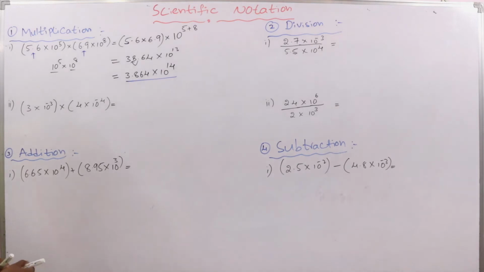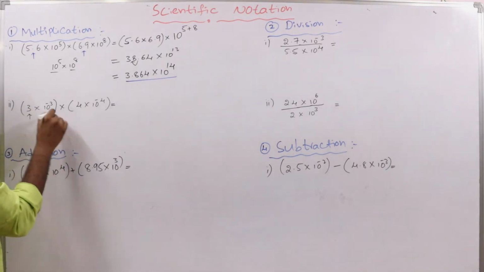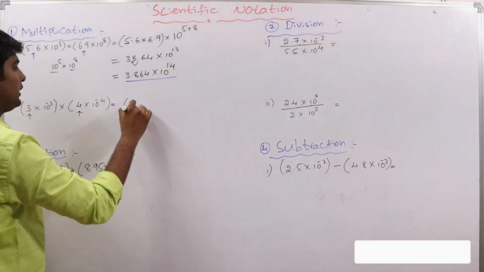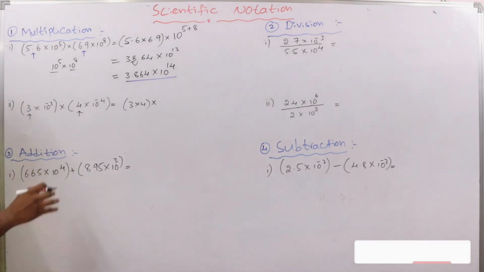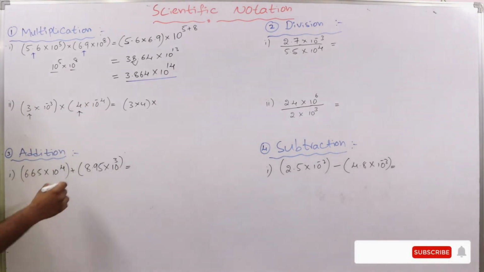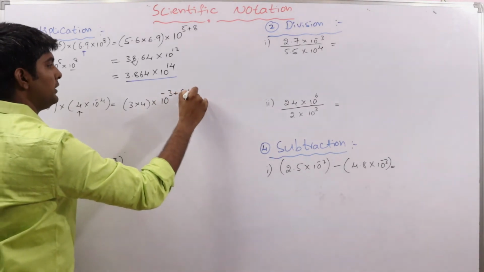Next, look at these two. Same here: first write these two numbers together, 3 into 4, and 10 power minus 3 into 10 power minus 4. So 10 power minus 3 plus minus 4.